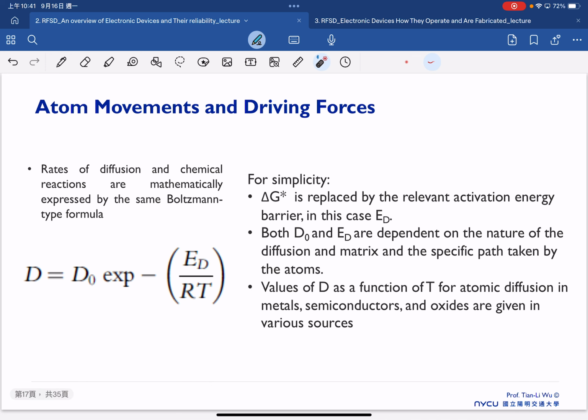As already mentioned, the rate of diffusion and chemical reaction can be mathematically described by the Boltzmann type of value, as shown here. To simplify, the delta G is replaced by the relevant activation energy. In this case, that will be the ED.